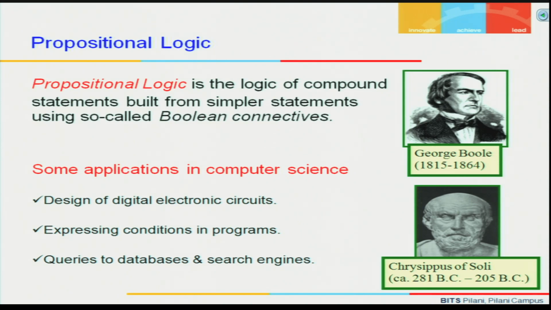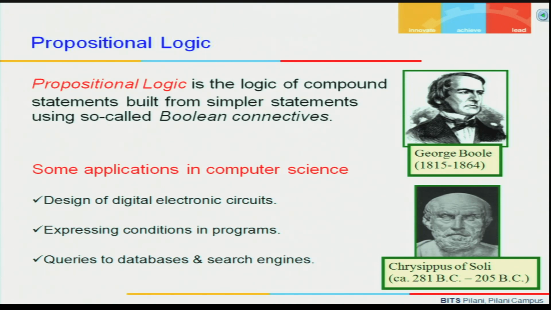Appropriately, they are called Boolean connectives because each preposition basically is having a truth value or false value, equivalently having a value of 1 or 0. A preposition, it is raining, it is either true or false. Equivalently, you can say that it is either 1 or 0 if you represent true as 1 and false as 0.